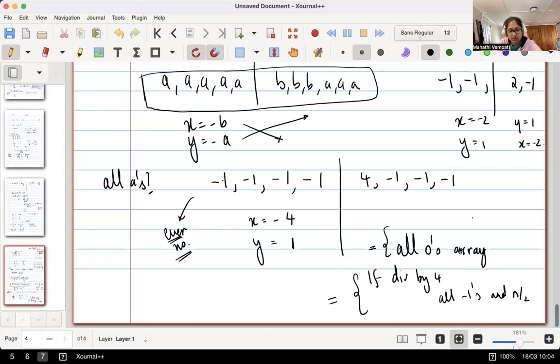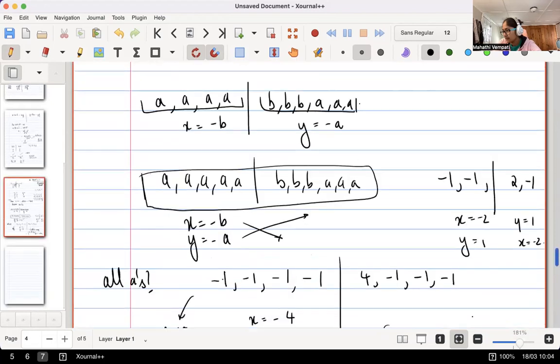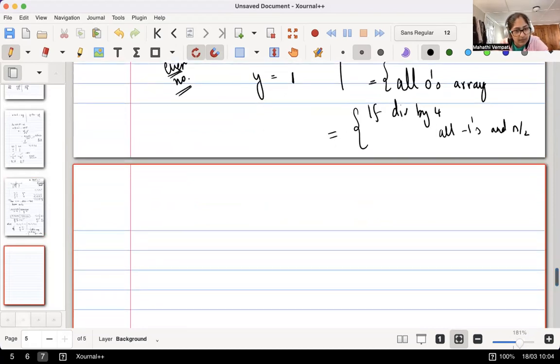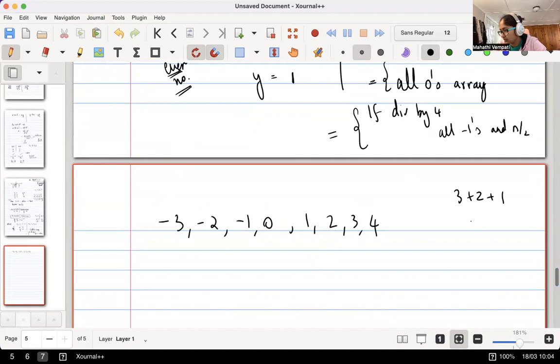Okay, let's test it for this test case: -3, -2, -1, 0, 2, -1, 0, 1, 2, 3, 4. If I do the all zeros array, I'm going to get 3 plus 2 plus 1, and then 1 plus 2 plus 3 plus 4. 10 plus 6, 6 plus 10 equals 16.